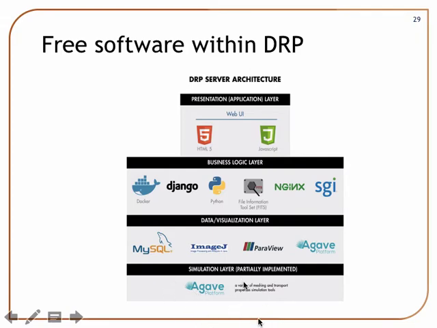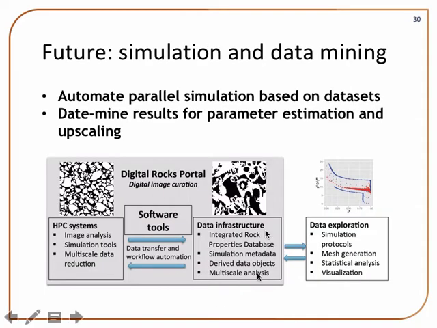Because you have to also be able to log in as a specific user, and different users have different ability to do different things on different machines. And this machine that actually figures out who has access to what on different machines is this Agave platform. And this is the platform where we're in future hoping to actually automate parallel simulation as well.